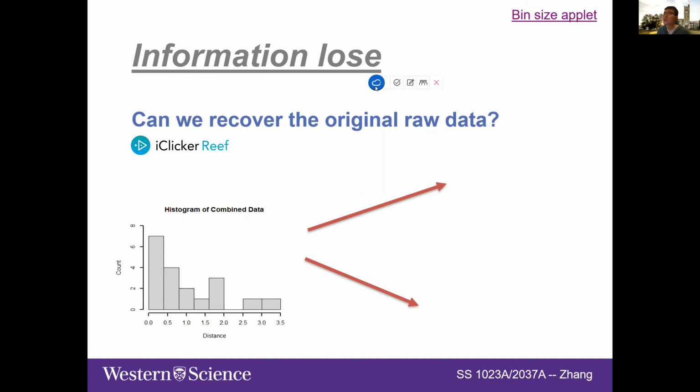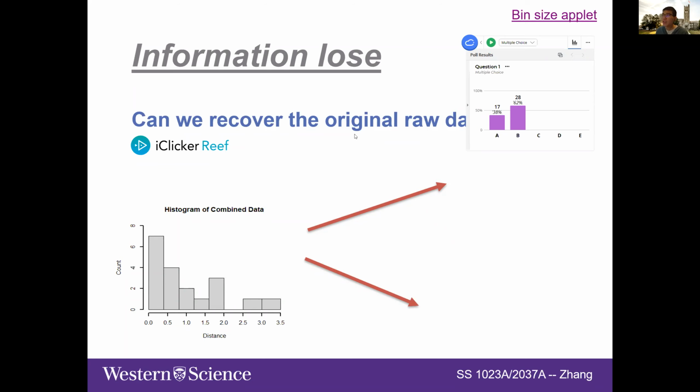Yes or no? A is yes, B is no. I guess this is a very simple question. Okay, so the majority of students answered no. That's right. Why can we not recover the original raw data?